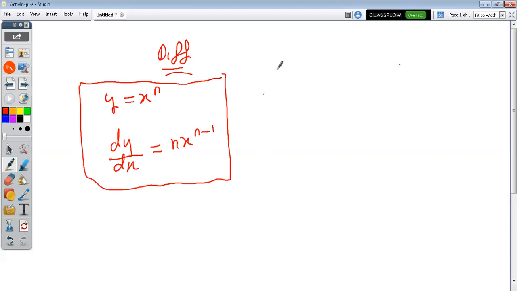So differentiation by parts, for example, if I have y equals x to the power of 5 minus x to the power of minus 3 plus x squared. Again, differentiate this by parts, dy over dx.